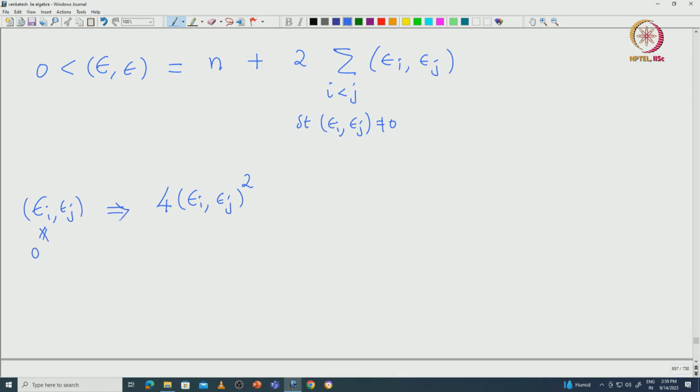That implies that when you compute twice epsilon i, epsilon j, it must be at most minus 1, because it has to be a negative integer and it has to be non-zero.